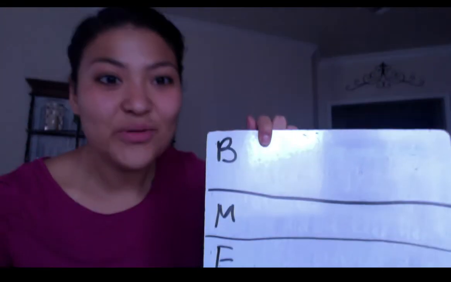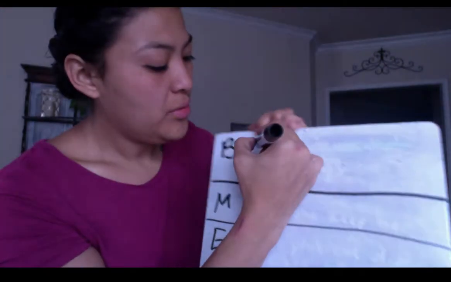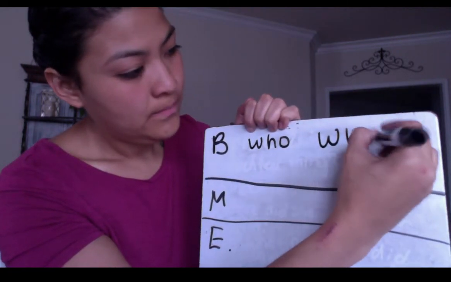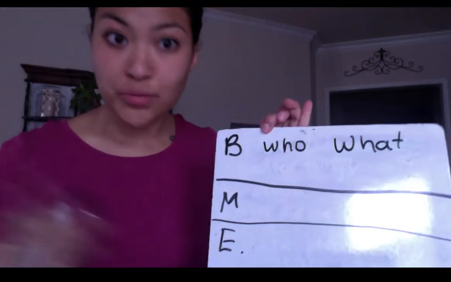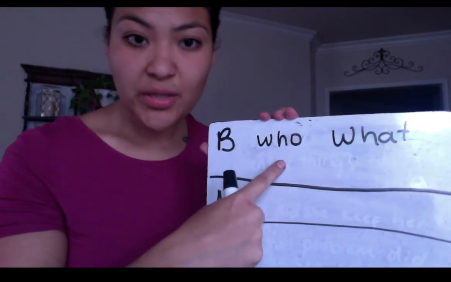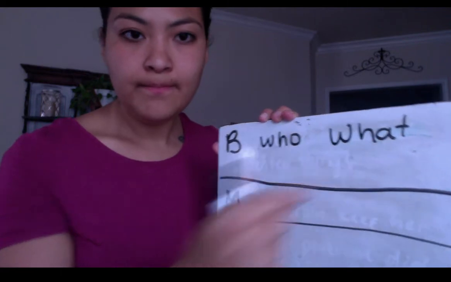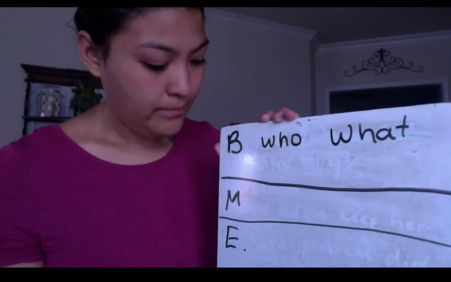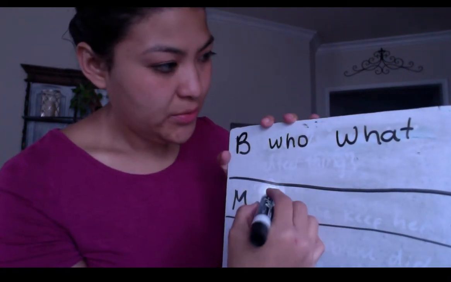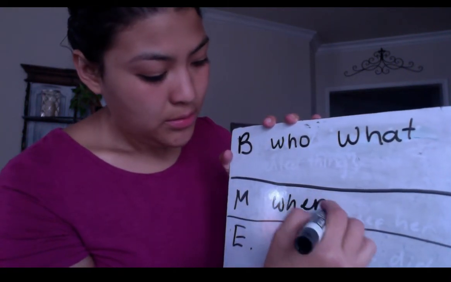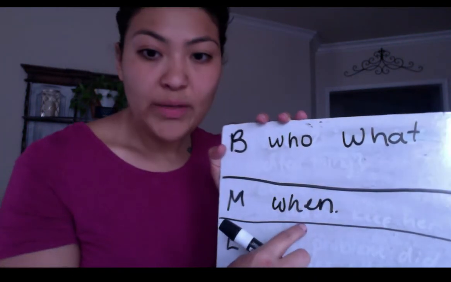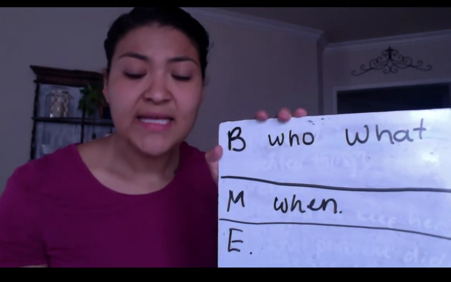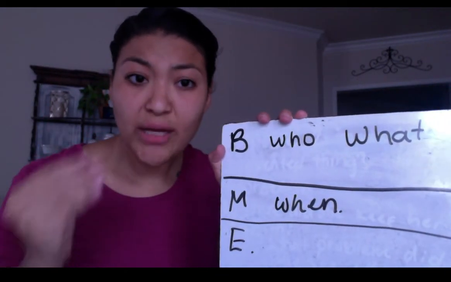Okay, so the beginning is going to answer who and what. Okay, so whichever story it is, okay? Who is this story about and what did they do? Okay? This one's going to answer who, what, when. Okay, so when. Again, I don't want a time of day. It's more of like they saw a problem, right?